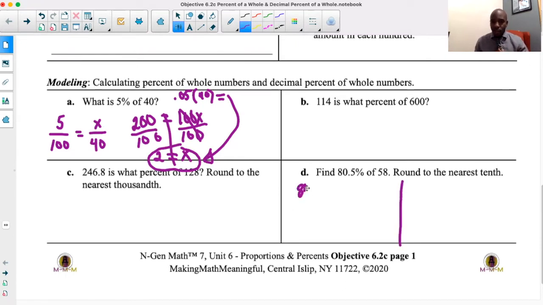First, I have 80.5 all over 100 is equal to x over 58. Now, Mitchell, how do you know it's that? How do you know 58 is a whole rather than a part?